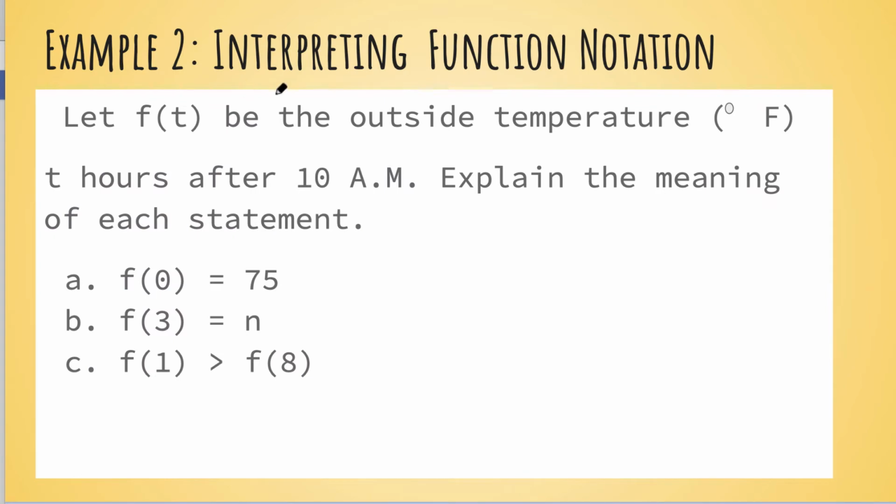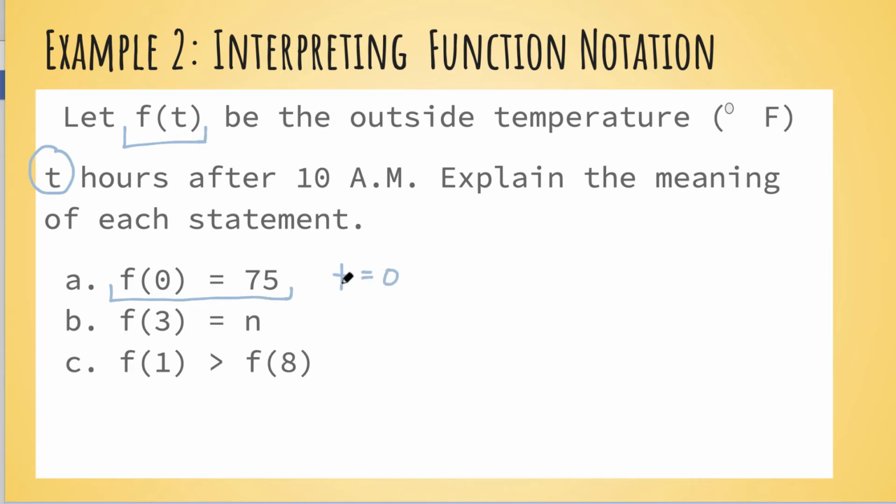Okay, in example 2, we're interpreting function notation. So look at, we have f of t. Let f of t be the outside temperature in degrees Fahrenheit t hours after 10 a.m. Explain the meaning of each statement. So f of 0 equals 75. So since this is in terms of t, and t represents the number of hours after 10 a.m., in this equation, t is equal to 0.